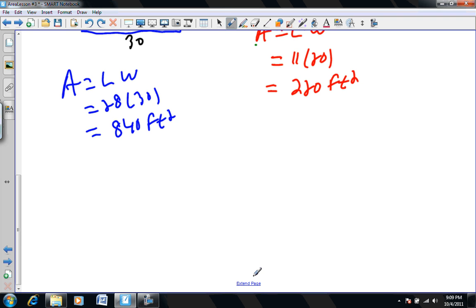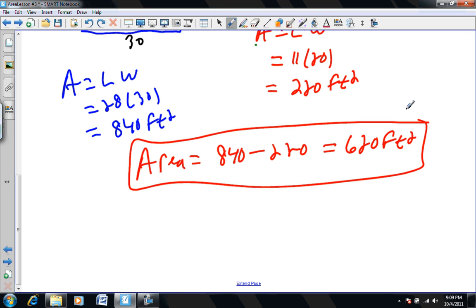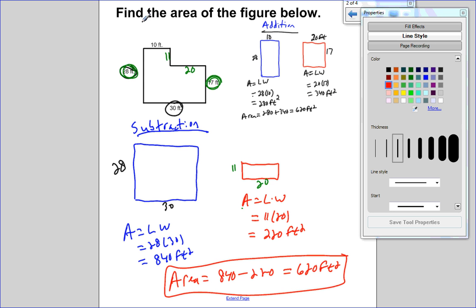So in this case, my area can be found by subtracting the two. If I take 840 minus 220, I get 620 square feet, which, as it turns out, is the exact same thing that I got up here when I did my area by addition.